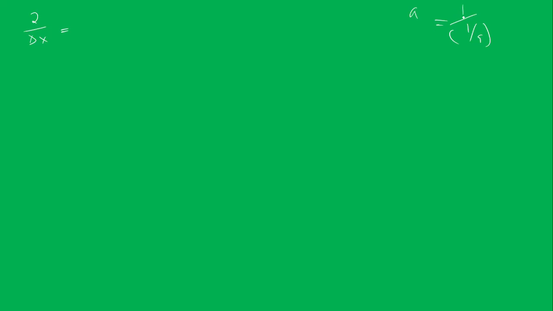A is the same thing as 1 all over 1 all over a. In the sense that a times 1, or 1 times a.